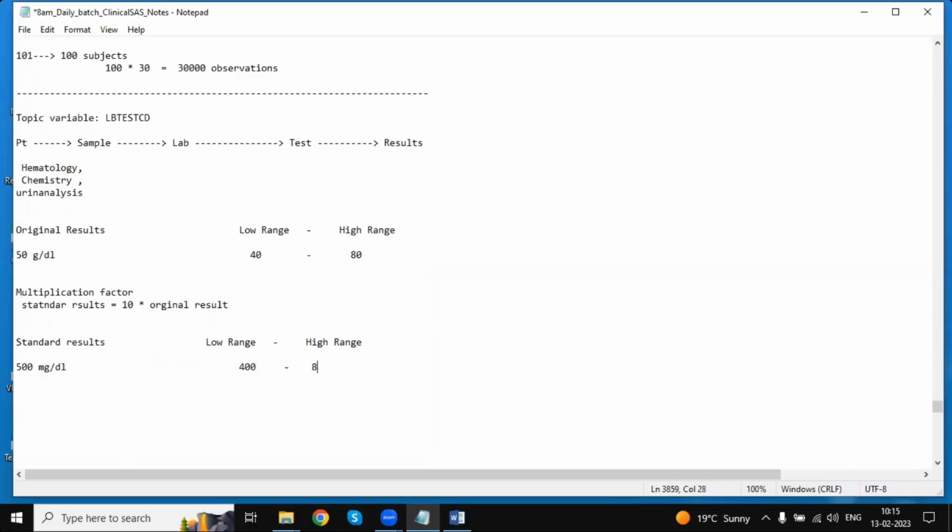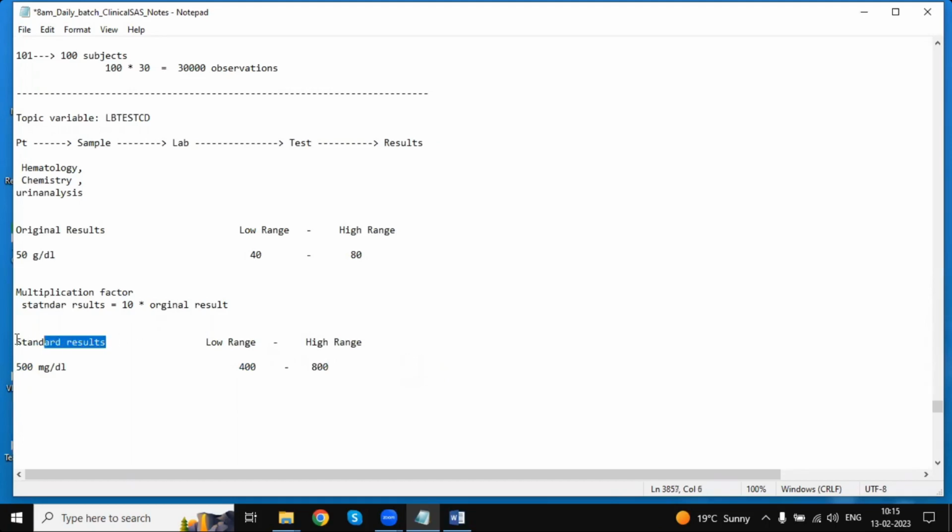It's going to be 400 to 800. Agree, everyone? So when the result is 50, the lower and upper limits are 40 to 80. When it is 500, it will be 400 to 800. Clear, everyone?